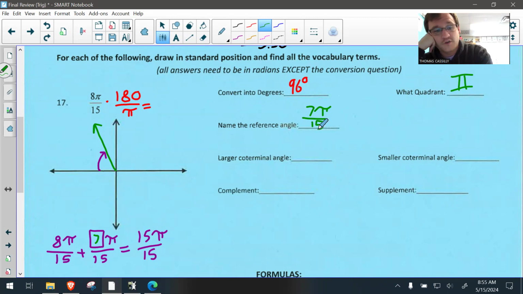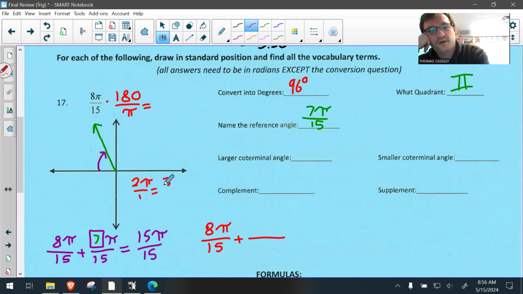A larger coterminal angle, you need to add 360 degrees, or since we're talking about radians now, you need to add 2 pi. So 8 pi over 15 plus 2 pi. Well, 2 pi over 1 is equal to 30 pi over 15. We need a common denominator at some point, so I'm just going to do 30 pi over 15.